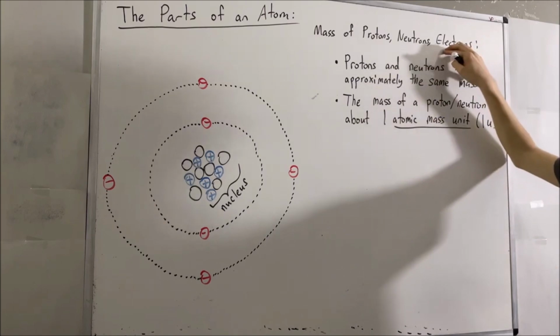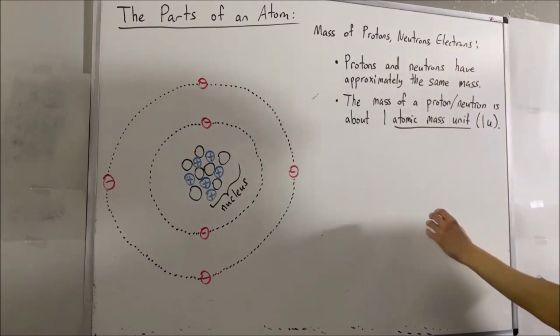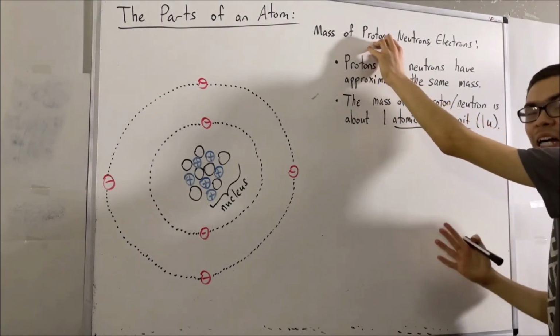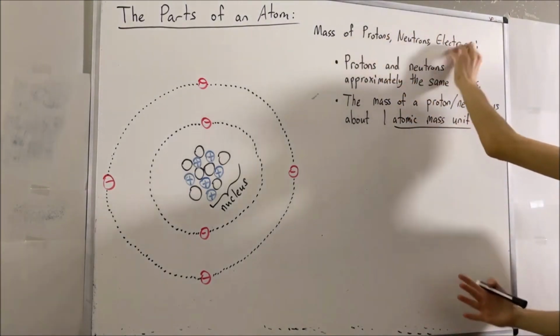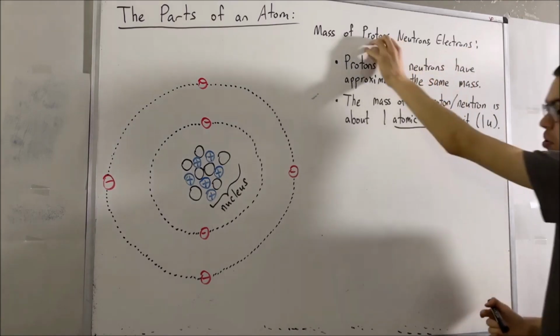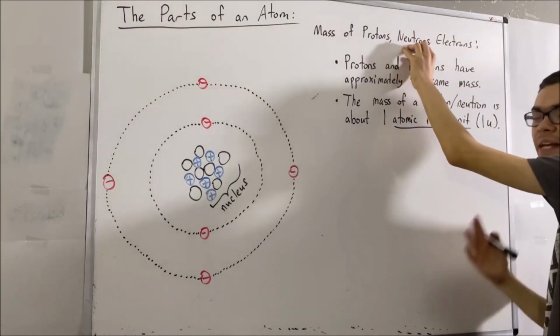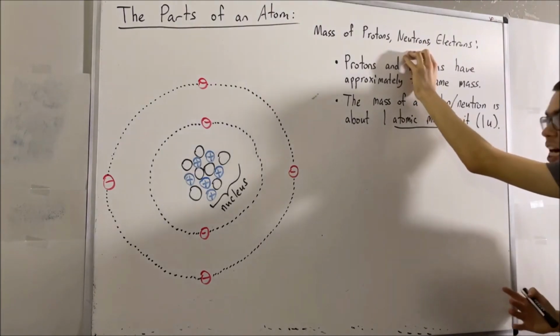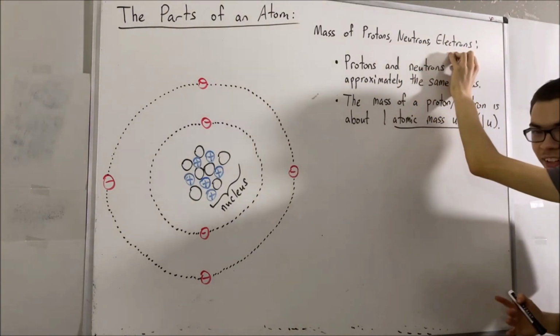As for electrons, well, it turns out that a proton is about 2,000 times more massive than an electron. And because protons and neutrons have approximately the same mass, that means a neutron is about 2,000 times more massive than an electron.